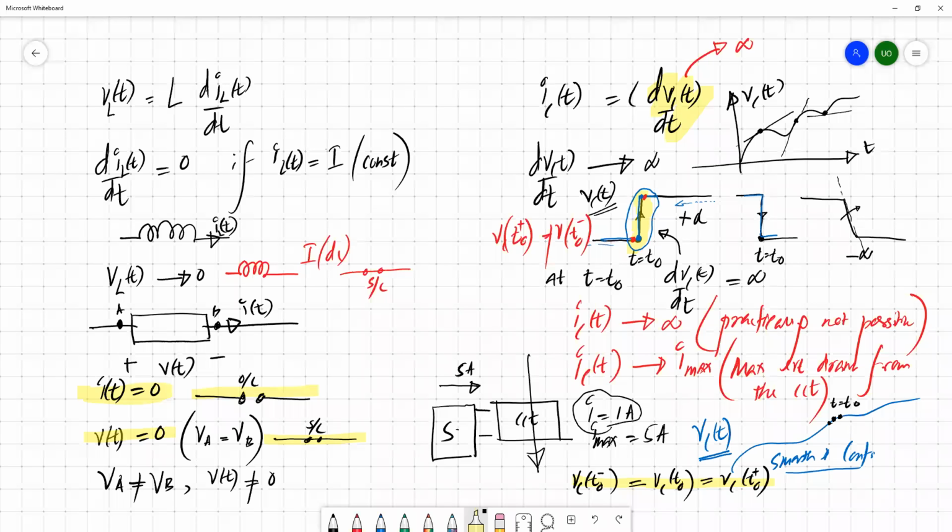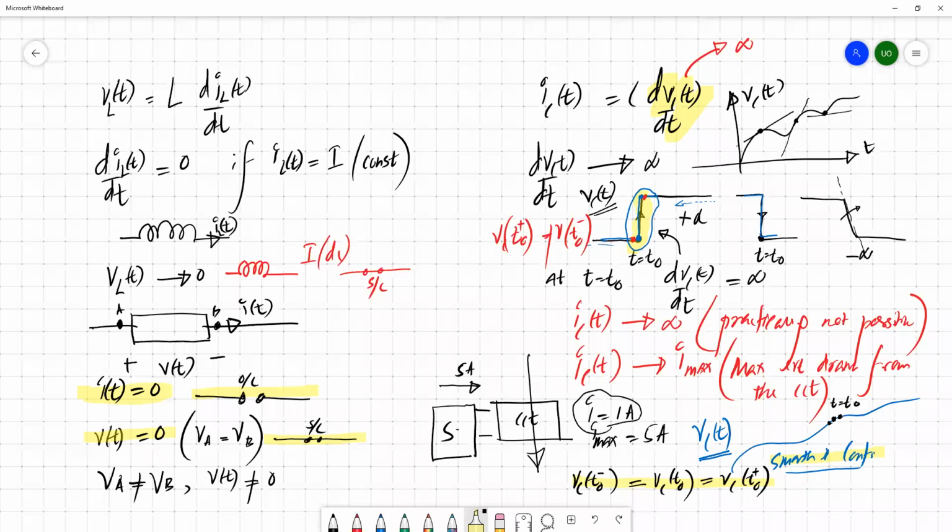So this is the other conclusion we made out of the same circuit. Capacitors cannot manage this kind of sharp ups and downs, so the voltage across the capacitor should be smooth and continuous.